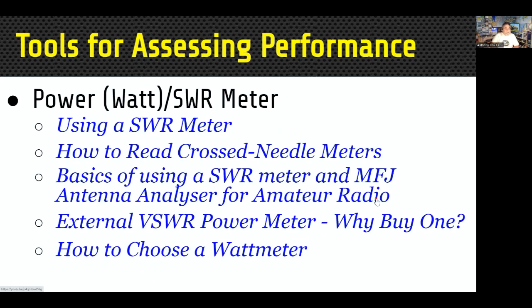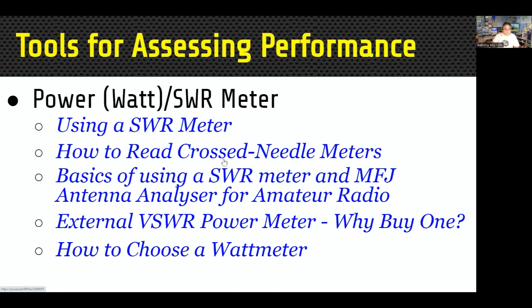So what I have is some links. Anytime you see this type of italicized font, that means that there is a link. So if you click on any of these, it'll go out to that resource. I have some information here on using power or watt meters and SWR meters, and a presentation here on doing that. One on using cross needle meters, those that have two meters that move back and forth to show you SWR and power out at the same time.